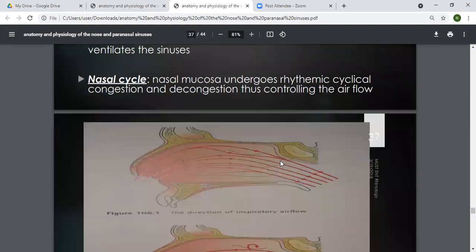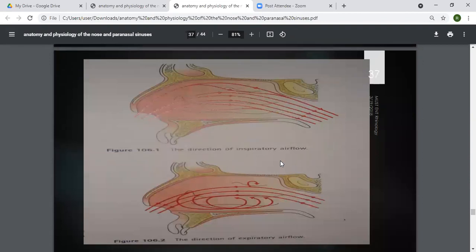So this picture is supposed to help you understand what we've been talking about. When someone breathes in, you have air entering into the nasal cavity, as you see here. This is the vestibule, and then this is where you'd have your nasopharynx. So air enters through here and goes into the nasopharynx, then down until it reaches the trachea.